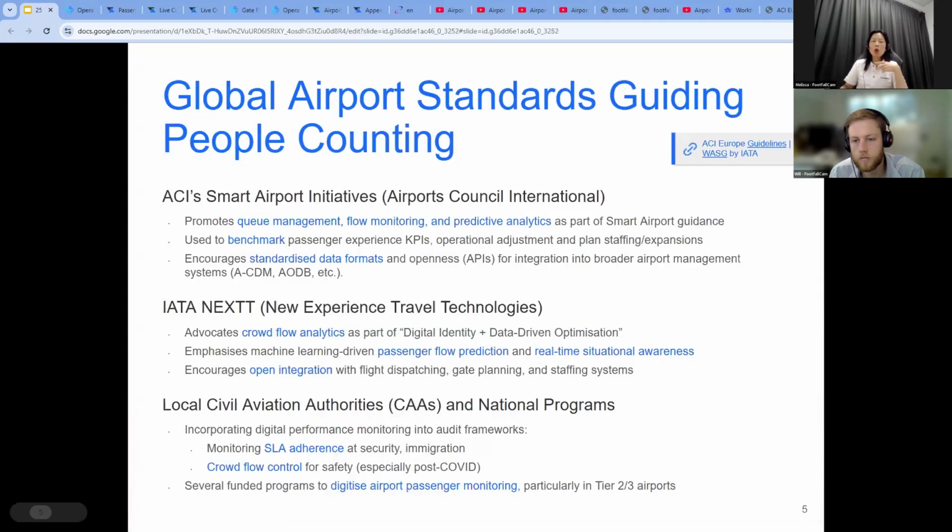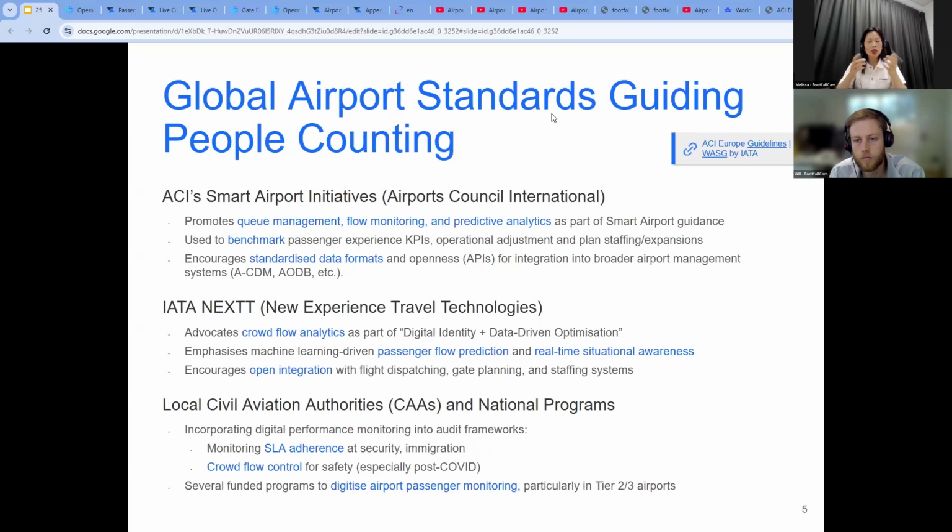So now, why are more airports moving in this direction and what's guiding them? As we mentioned just now, passenger flow monitoring isn't just a technology trend. It is now part of a global standards movement led by key aviation authorities. This is a highly specialized domain, so most countries only have a handful of international airports, and everyone in the field tends to follow a shared playbook.